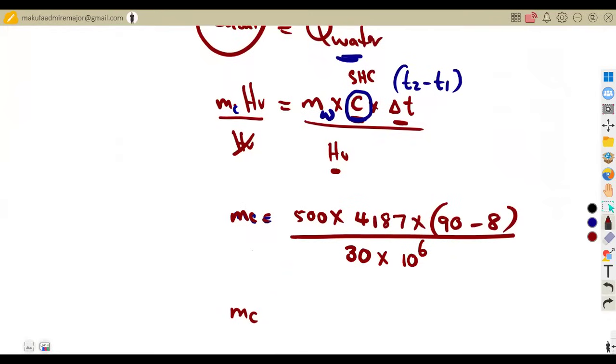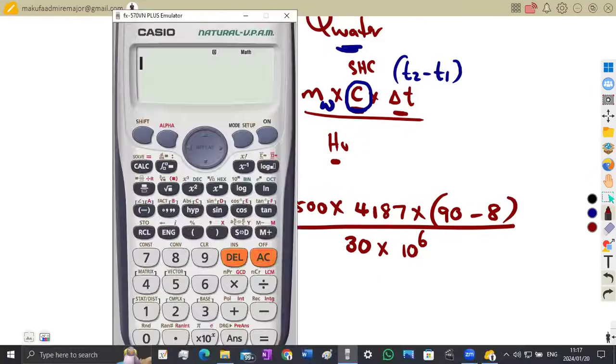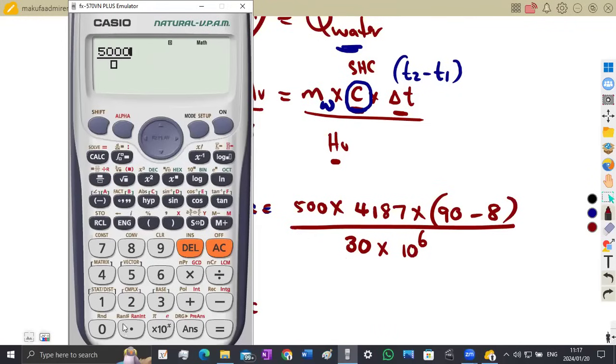Let us see what we're going to have from our calculator. Let's simplify. That is 500 multiplied by 4187 times the difference, 90 minus 8, over 30 megajoules per kilogram, that's 30 times 10 to the exponent of 6, which is going to give us 5,722.